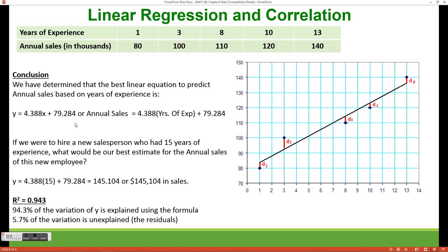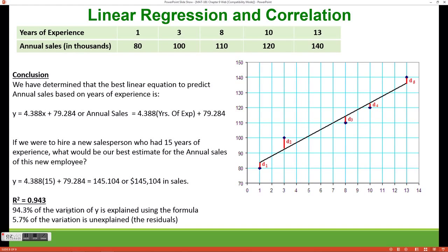And we can plug in any value for x we would like to estimate a value for y. The example on the screen shows us that if we want to estimate the annual sales of an employee with 15 years of experience, we would plug in 15 for x and get a value of y that is about 145,000.